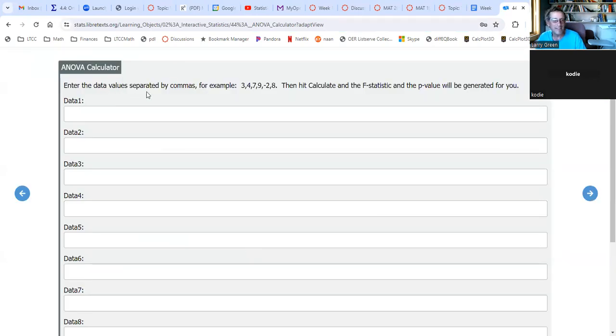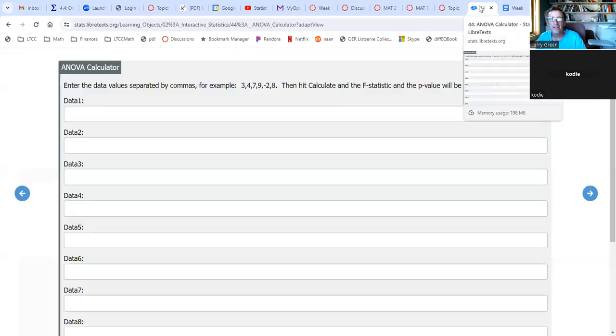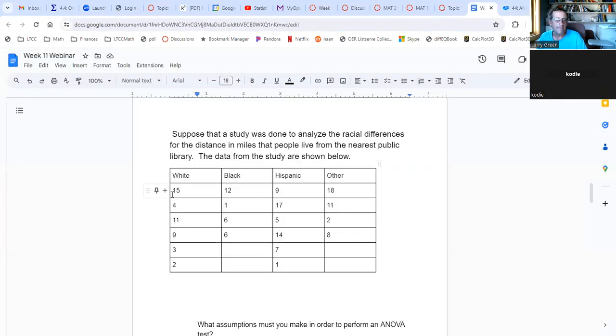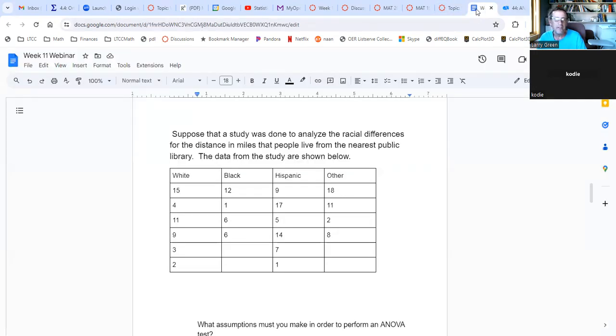It says enter the data values separated by commas, then hit calculate, and the F statistic and the p-value will be generated for you. So let's do that. I'm going to go ahead and look at our numbers. We have 15, 4, 11. And then we had 9, 3, 2.